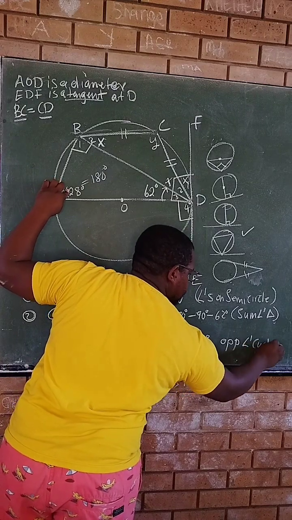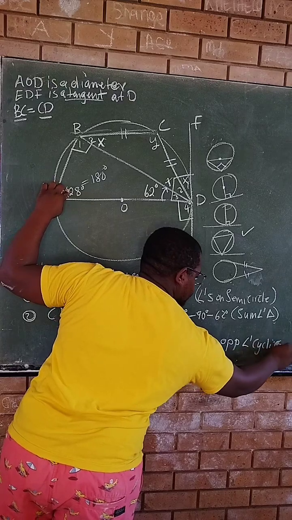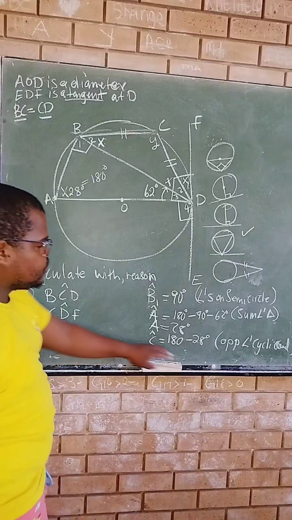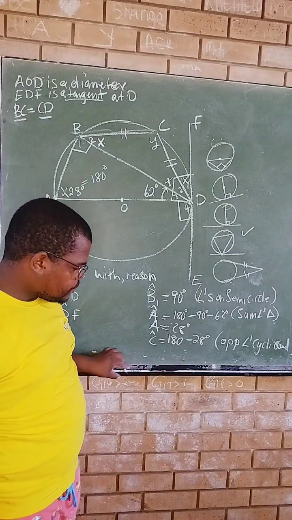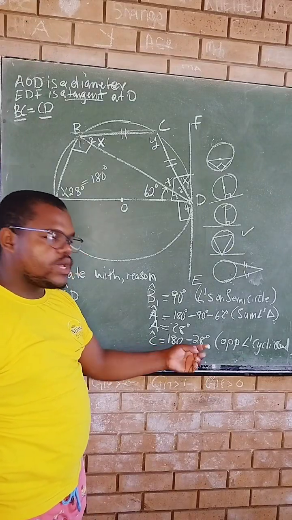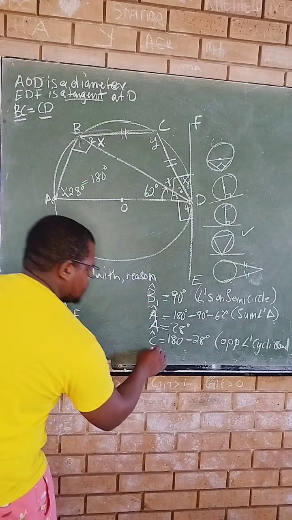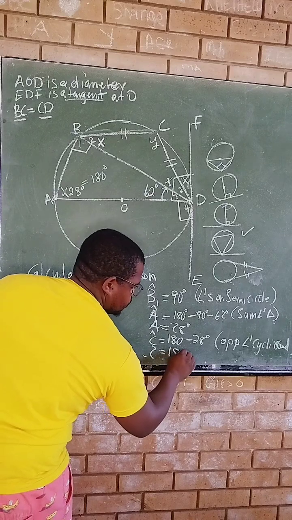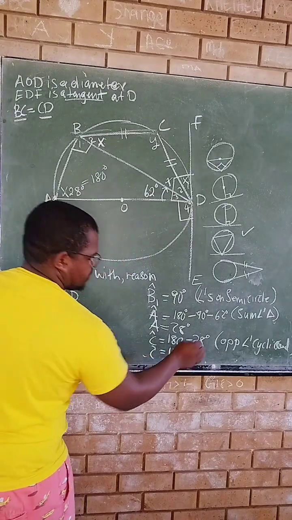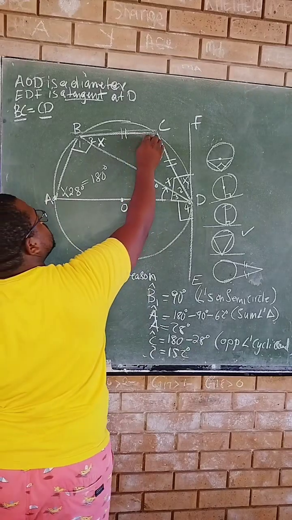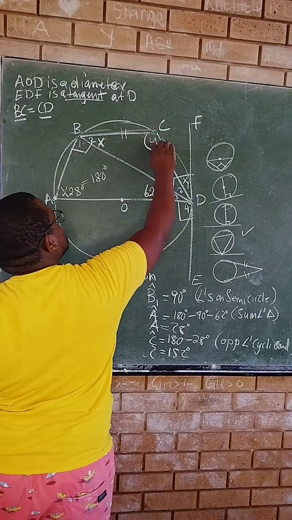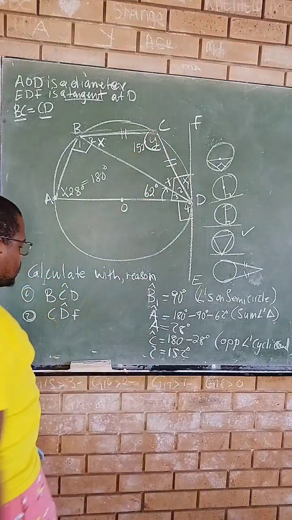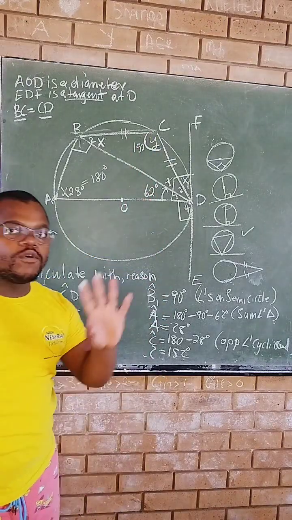So this C is equal to 152 degrees. Okay, now I've answered this for 4 marks.